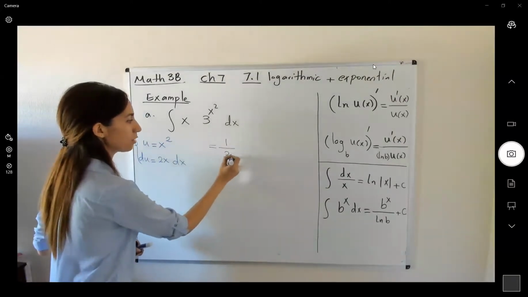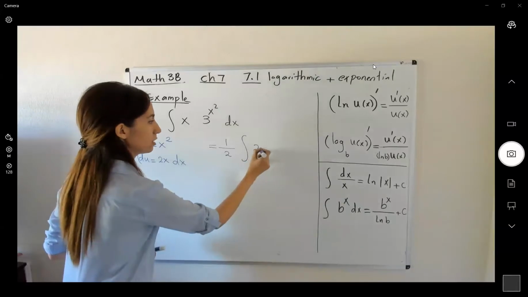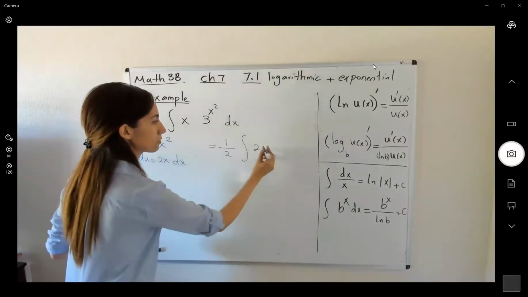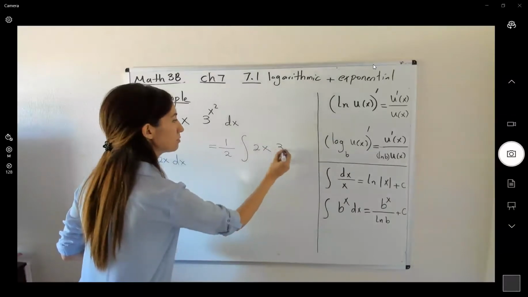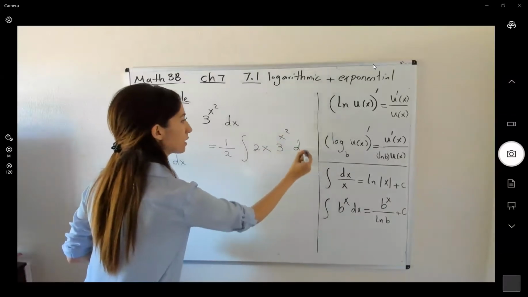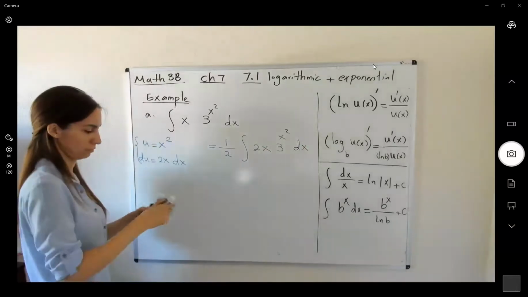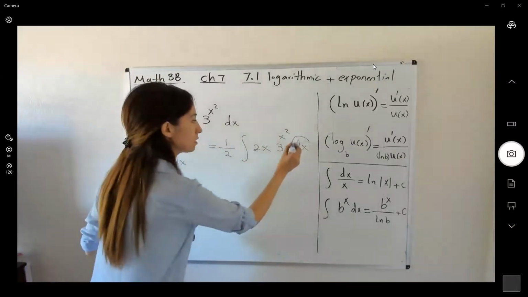So multiply by a half and 2, 3 to x squared dx. This is your du.